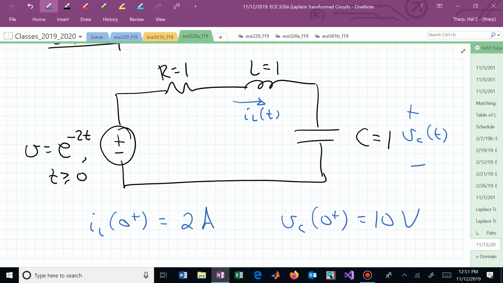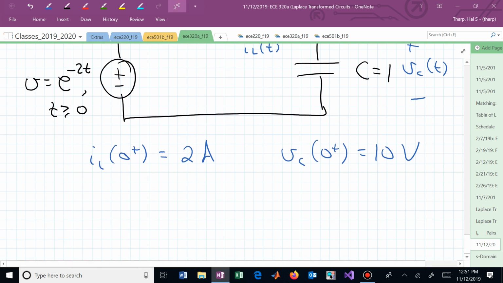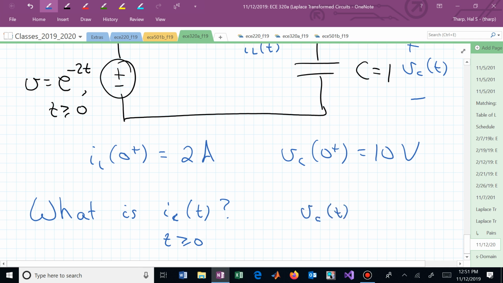And that's what falls into place when we start putting this into the S domain. We want to now find or say what is I sub L of t for t greater than or equal to 0, or V sub c of t, t greater than or equal to 0. Did that answer your question?